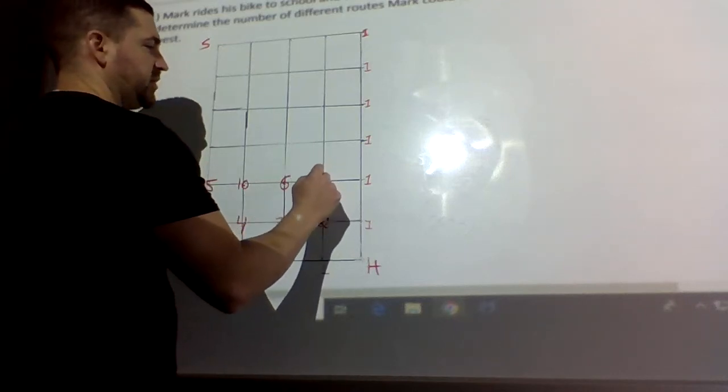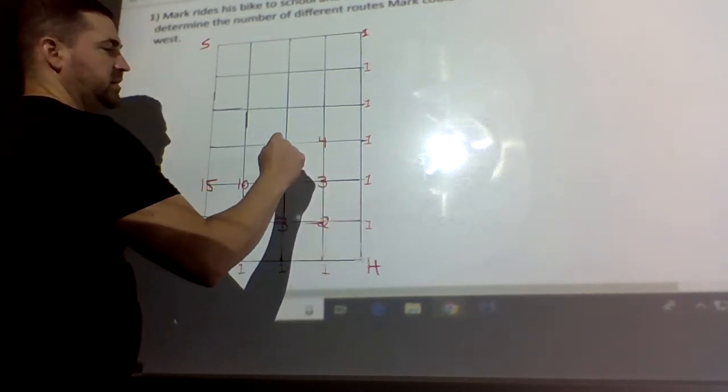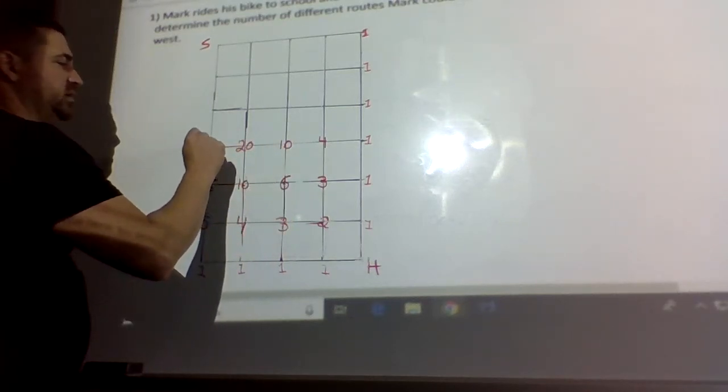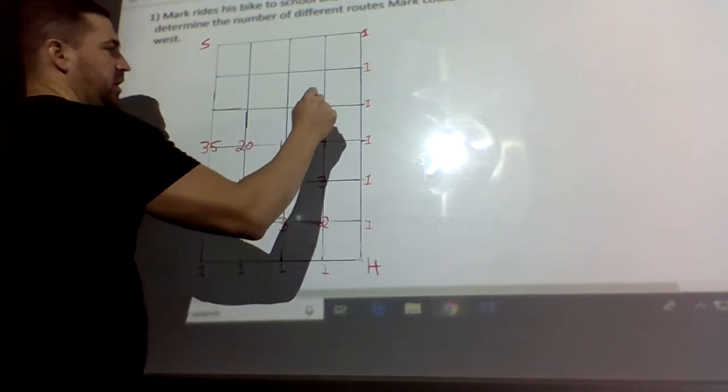Keep going, I'm going to go faster. 3 and 1 is 4. 6 and 4 is 10. 10 and 10 is 20. 15 and 20 is 35. Okay, keep filling them in.